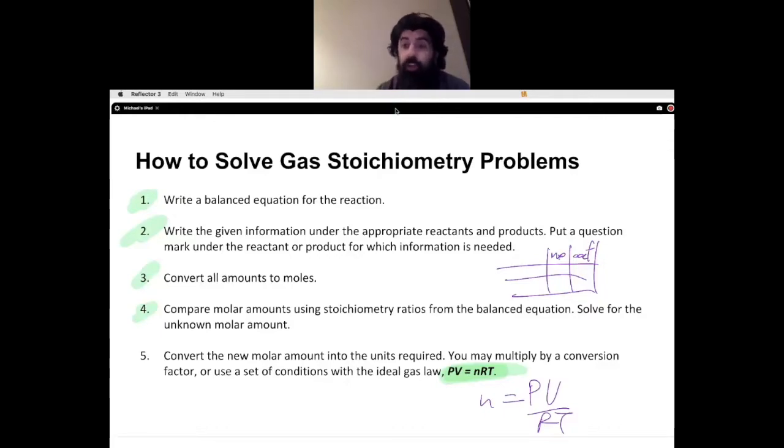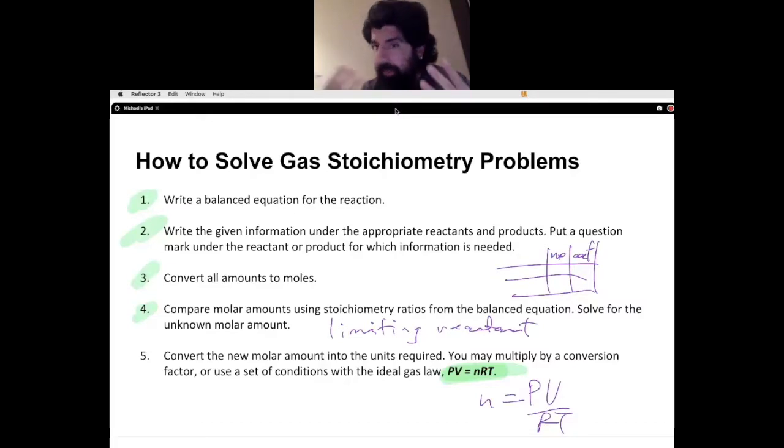Understand that we could look at limiting reactants. We might have a limiting reactant question, in which case you're able to find the number of moles of both of your reactants, or all three of your reactants. Again, remember, just because we're talking about gas stoichiometry doesn't mean that we can't have limiting reactants, because limiting reactants is part of stoichiometry.